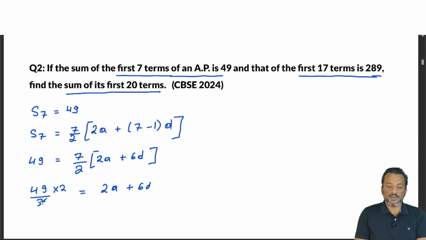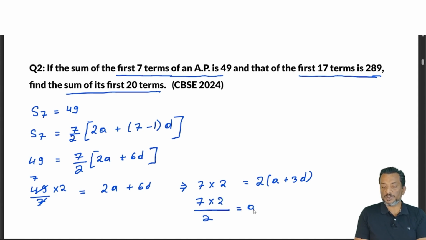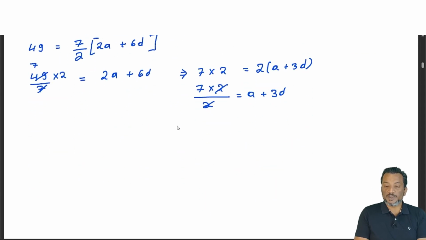Now 49 divided by 7 is 7, so we can write 7 times 2 is equal to 2 times (A plus 3D), taking 2 common from the right side. Now this 2 you bring to the left side, then you can cancel 2 and 2. So your first equation is A plus 3D is equal to 7. This is your first equation. Hope you got it.